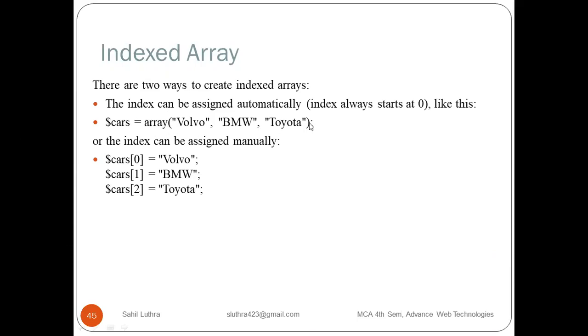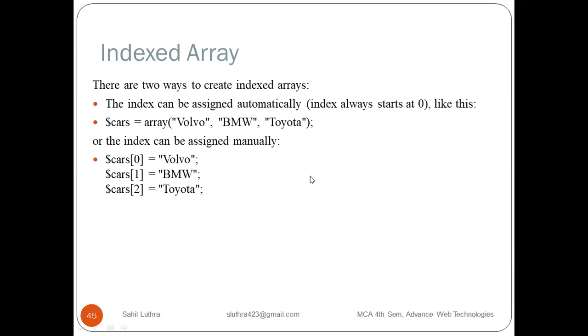Now this is the array. Here we create an array with the array function, and after that these are the values which we pass. The first one is Volvo, passed in under commas. After that Volvo, BMW, Toyota.